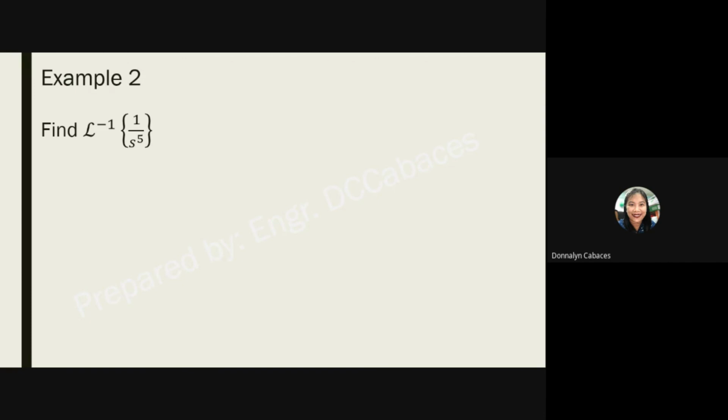Find the inverse Laplace of 1 over s to the fifth. So what function can we relate this 1 over s to the fifth? It is somewhat related to our Laplace transform of t to the n. What is the Laplace transform of t to the n?